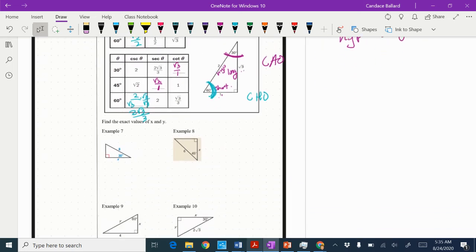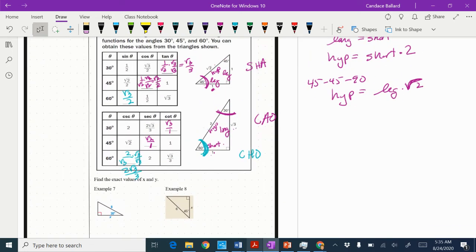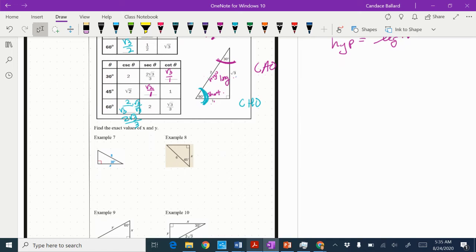All right, so I'm going to use these formulas over here to solve these problems. So we have to solve for values of x and y. So right now I've got 30. I'm going to label it right to begin with. I know that this is my 30, this is the short, this is the long, and this is the hypotenuse. So I know I need the long leg, but I don't have the short leg. I only have the hypotenuse. So I'm going to have to find my short leg first.